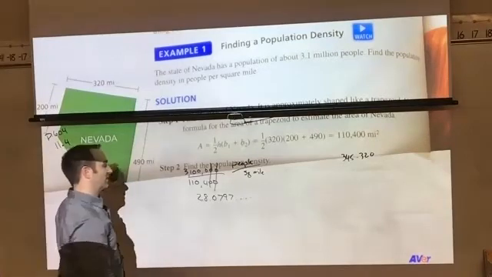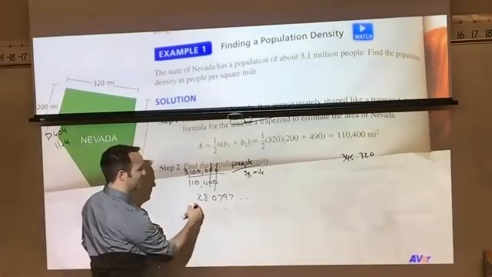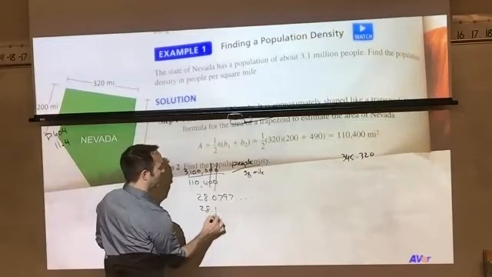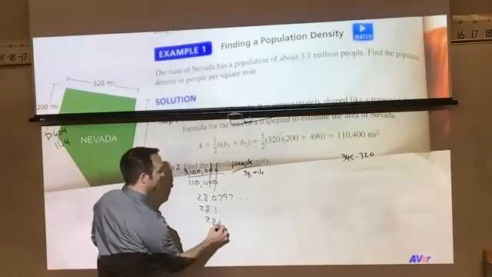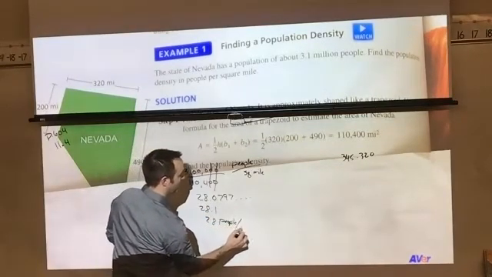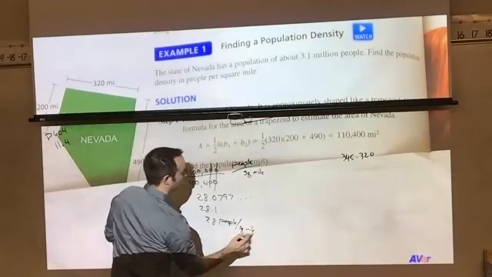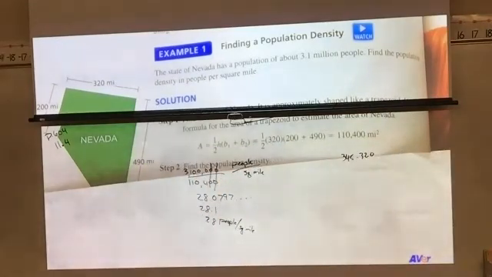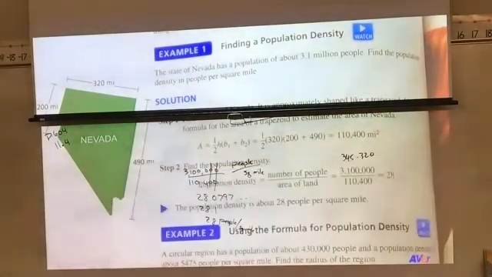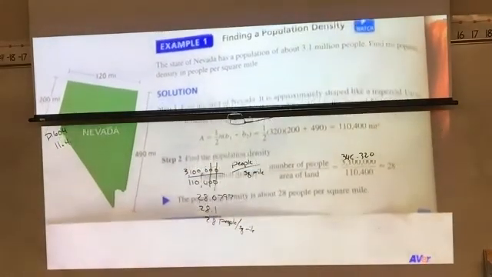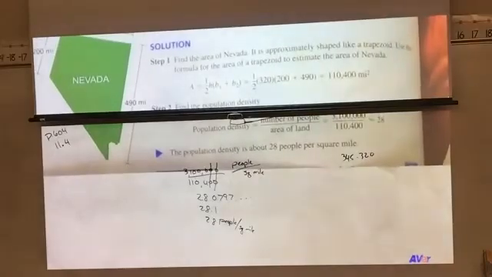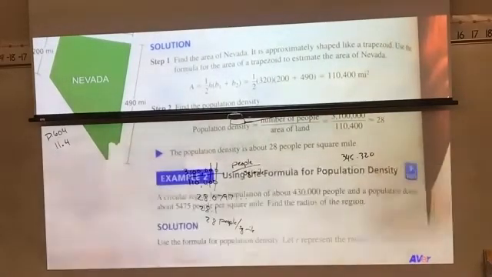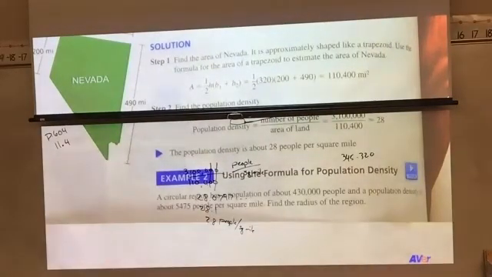We are kind of finding an average. So either 28.1, or we could just call it 28. And again, give it that label, people per square mile, and we're good. So population density is people over area. They tell us the answer is about 28 people per square mile, like we said. Moving on to the next sort of thing here.